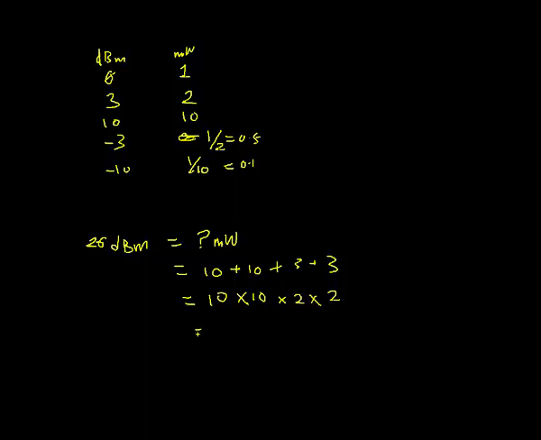So 10 times 10 is 100, times 2 is 200, then 400. So this is the answer for 26 dBm.